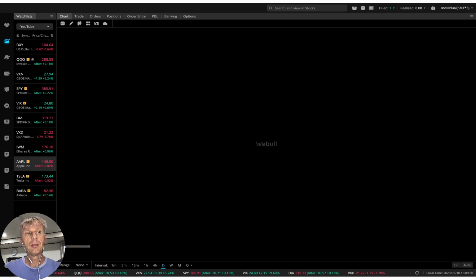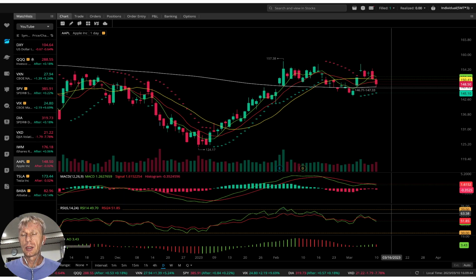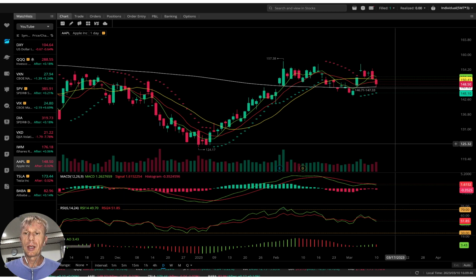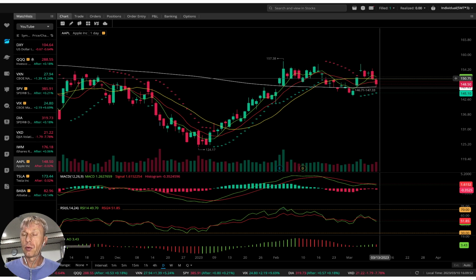Daily time frame. Let's see daily time frame for Apple. Apple was bullish. Finally, it's bearish on MACD, bearish on RSI, and also bearish on all indicators except moving averages 5, still above 10 and 20.